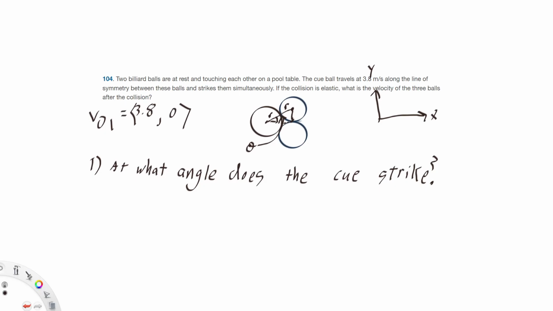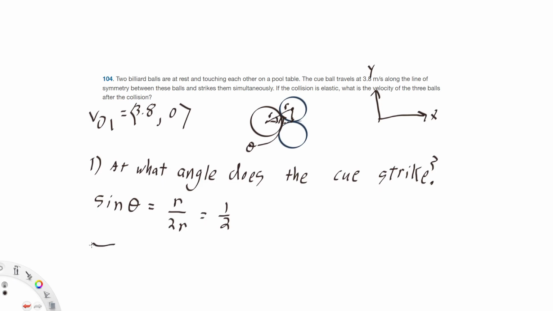Pi over 6? Yep. That's exactly right. And we know that because the hypotenuse is a length 2r, the opposite side is a length 1r. So we can say, well, sine of the angle then is equal to r over 2r, which is a half.